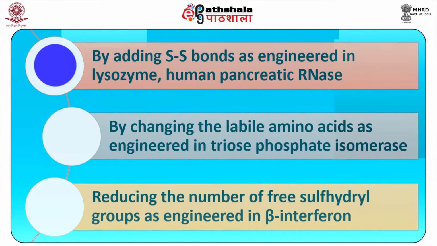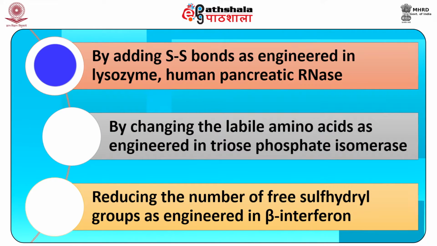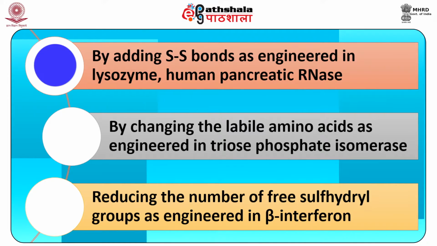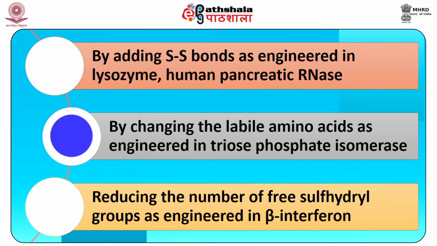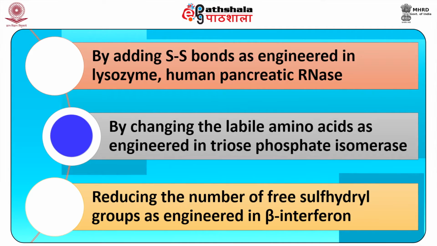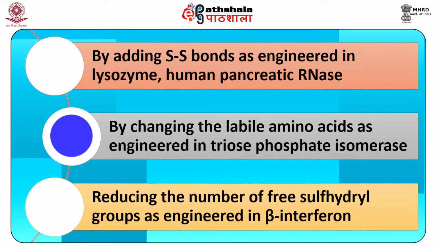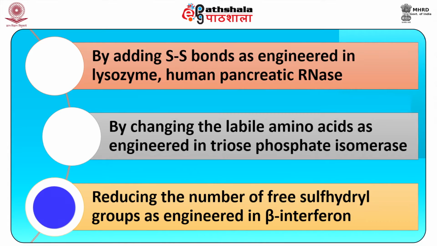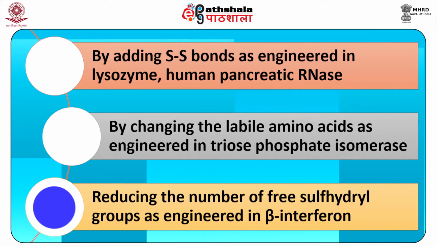By adding various disulfide bonds, as engineered in lysozyme and human pancreatic RNase, or by changing the labile amino acids, as engineered in triose phosphate isomerase. We are going to learn in this module what these labile amino acids are. We can even reduce the number of free sulfhydryl groups, as in the example of beta interferon.